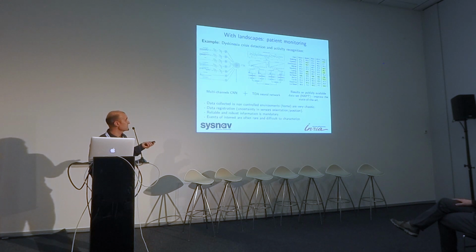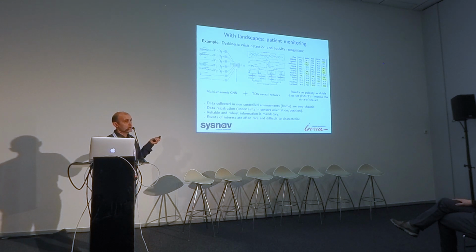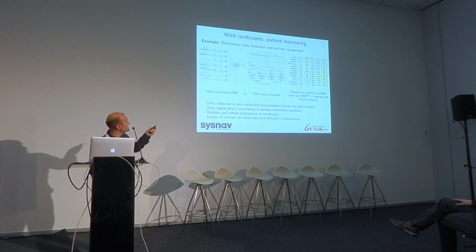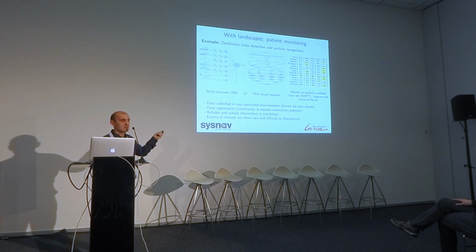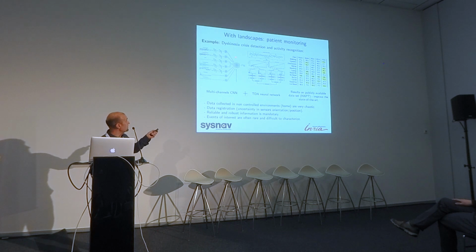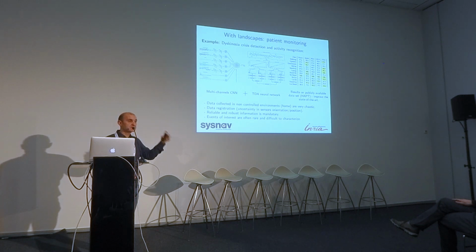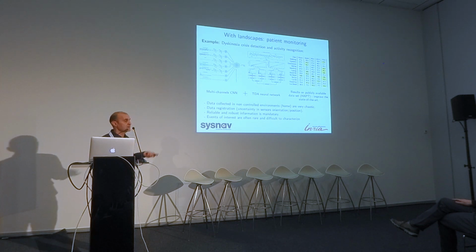And this is what we did, for example, in this case, to detect dyskinesia for people who are suffering from Parkinsonian disease. The way we did it is by first building a standard neural network fed with our time-dependent data, time series.